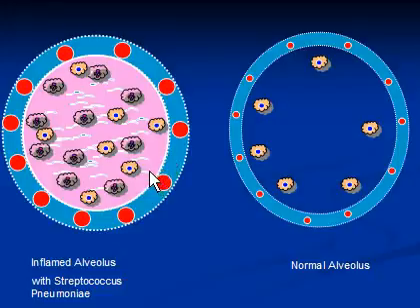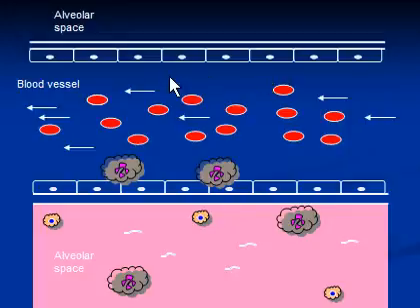Let me show you a longitudinal cross section from this interface here, which should look like this. So this is a blood vessel, these are endothelial cells, this is a normal alveolar space filled with air. This alveolus is filled with exudates.